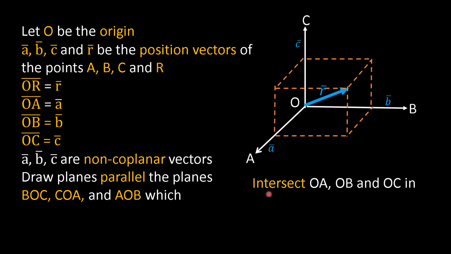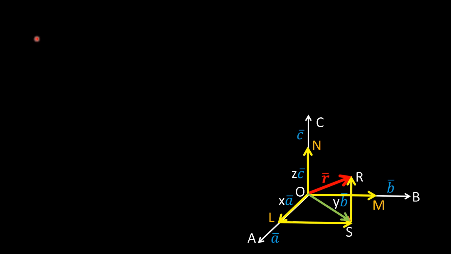These planes intersect OA, OB and OC in points L, M, this one, and N, this one. From the figure, OA bar, which is A bar, is collinear with OL bar.